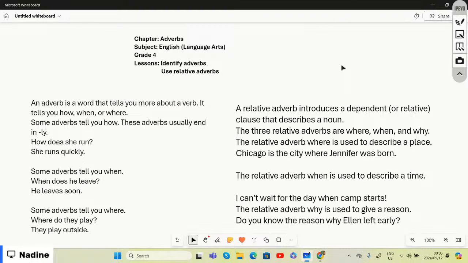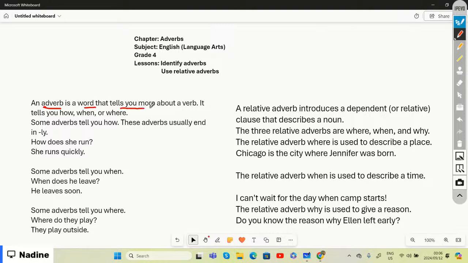With adverbs, it tells you when, it tells you where, and it tells you how. Once again, it's a word that tells you more about the verb, and it will tell you how it happens, when it happens, and where it happens. That's an adverb.